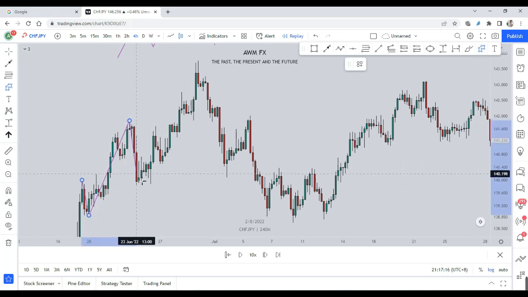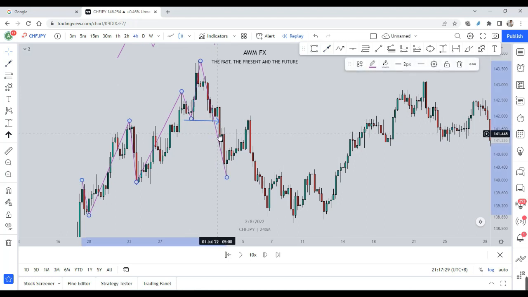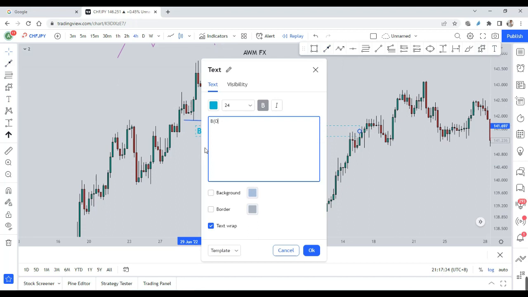As you can see, the price moves up and down, up, and then suddenly broke the structure right there. So my break of structure is over here. This is my official break of structure. A very, very simple type of trade.